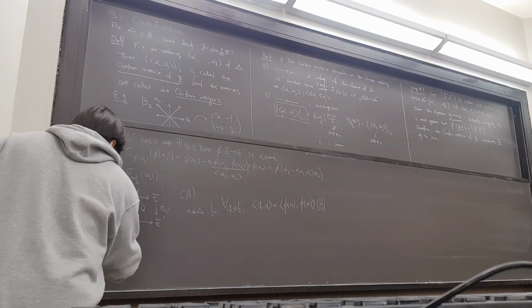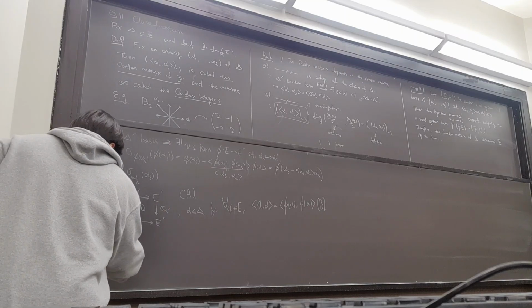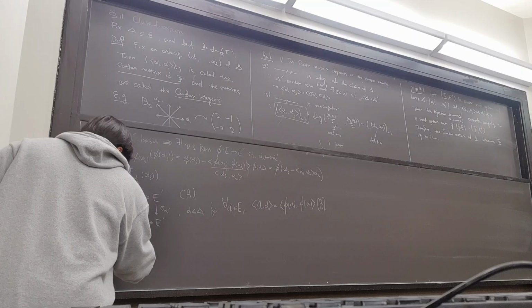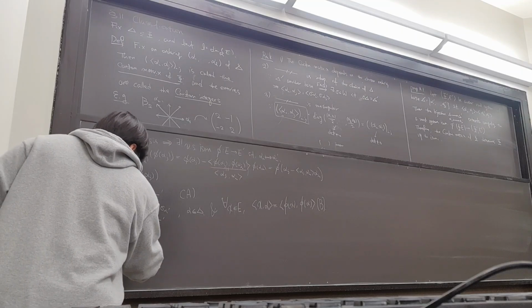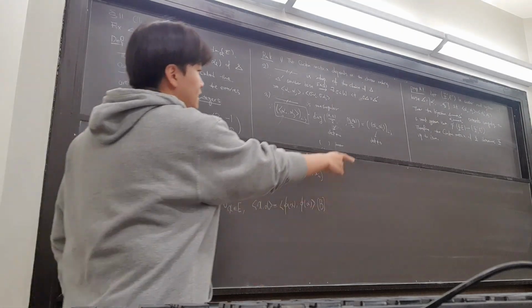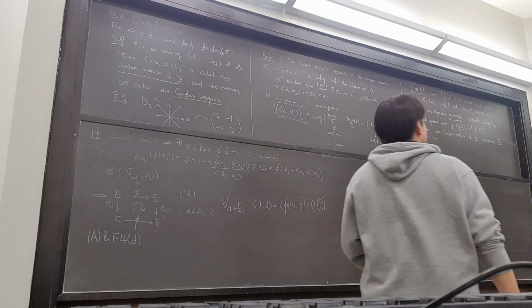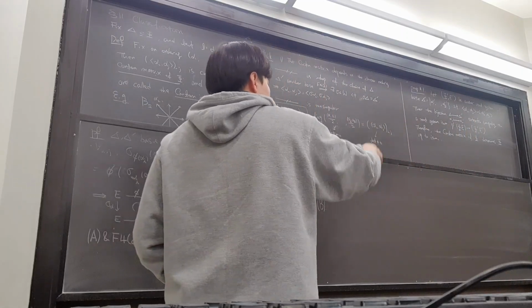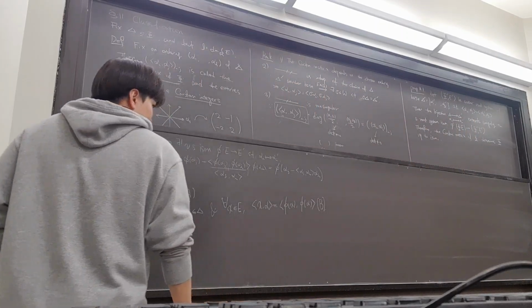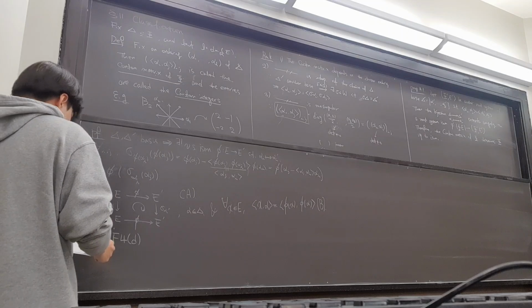And by fact 4 of D, the Weyl group is generated by just the reflections of the base Δ.